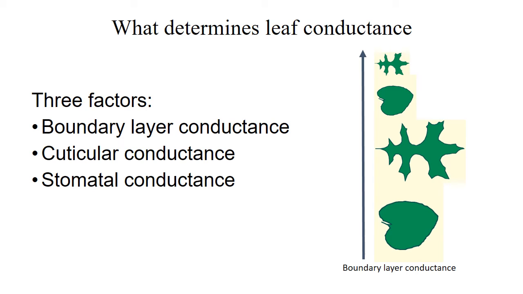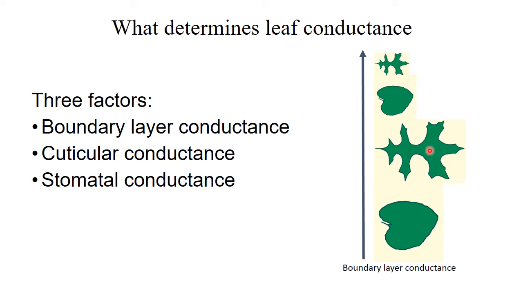But the level of boundary layer conductance, the ability of water to get through that layer and into the atmosphere, is dependent on a number of factors. So large, simple leaves, for example, like this one down here, tend to hold quite a thick boundary layer. And so that boundary is quite good at preventing the movement of water out of the leaf into the atmosphere.